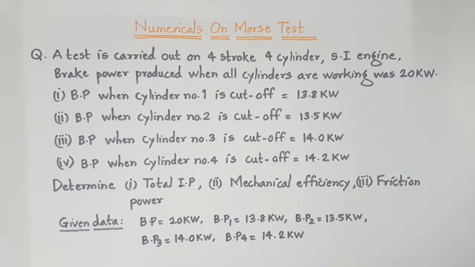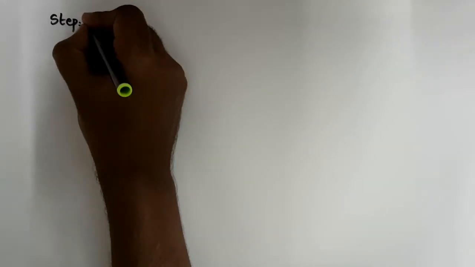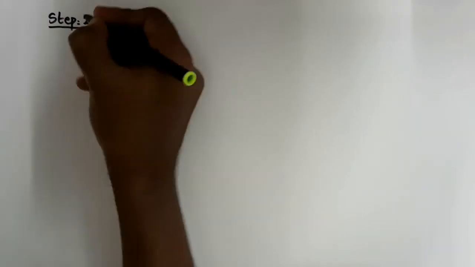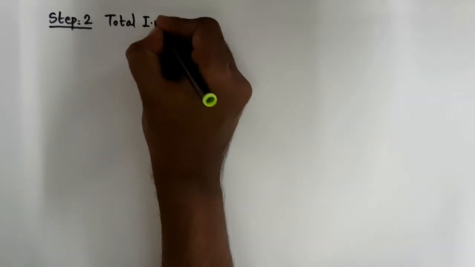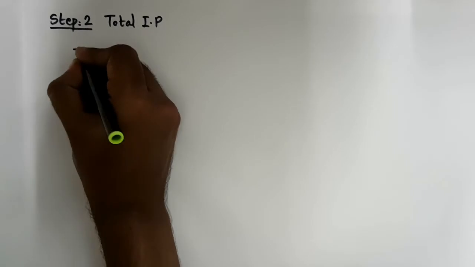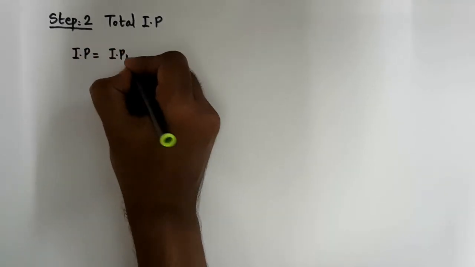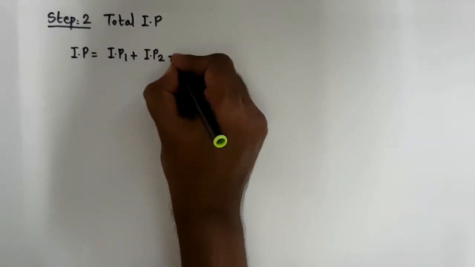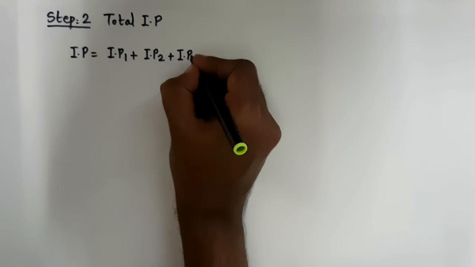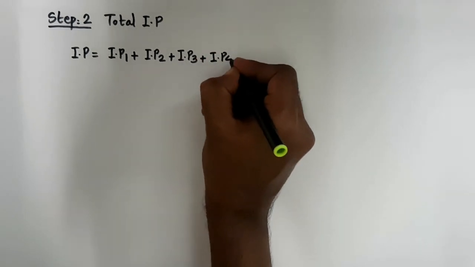Number 2, we will determine the total indicated power. So total IP is equal to IP of the first cylinder, that is IP1, plus IP2 for the second, IP3 of the third, IP4 of the fourth, and so on.